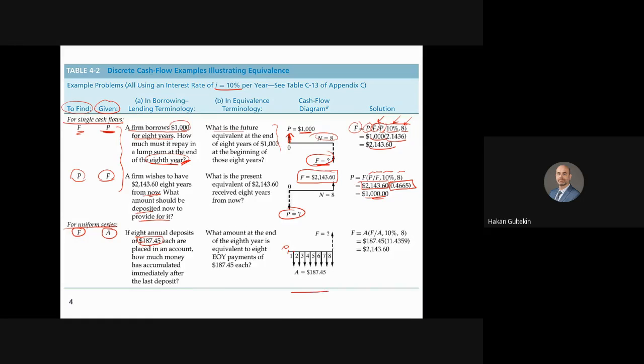If instead of this, if you represent the payment in this way, so now I am making a deposit. In year 1, I am making a deposit, I mean at the end of year 1. Then at the end of year 2, I am making a deposit. So let's say that this is 8th year. This is the 7th year. 7th year, I will make a deposit.